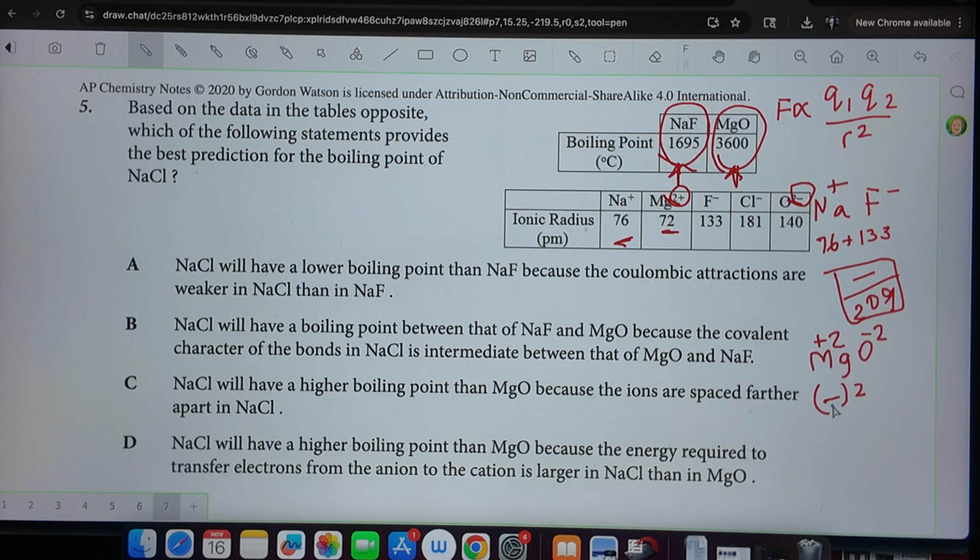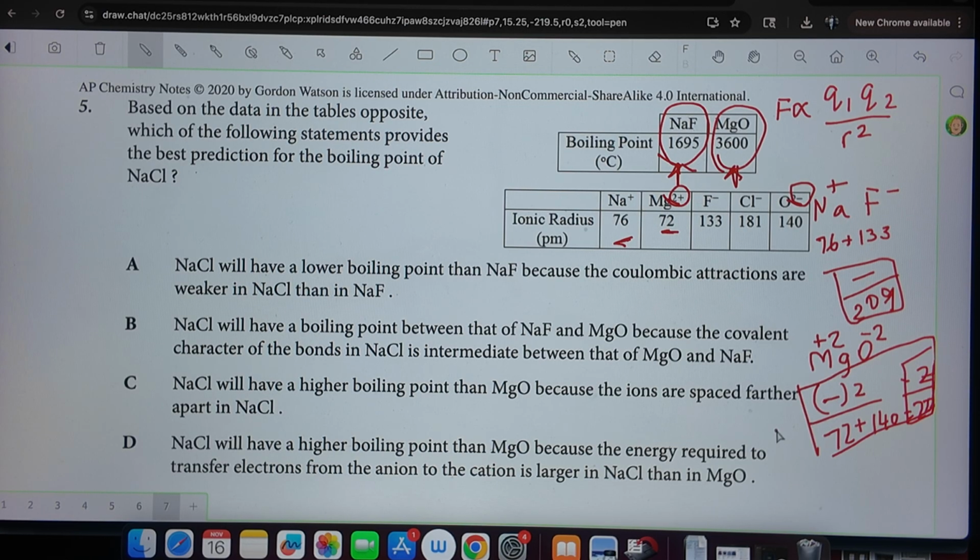So it'd be very, very strong. And that divided by 72 and 140 would give you negative 4 over 212. So this is much stronger, much stronger because of the high charges.